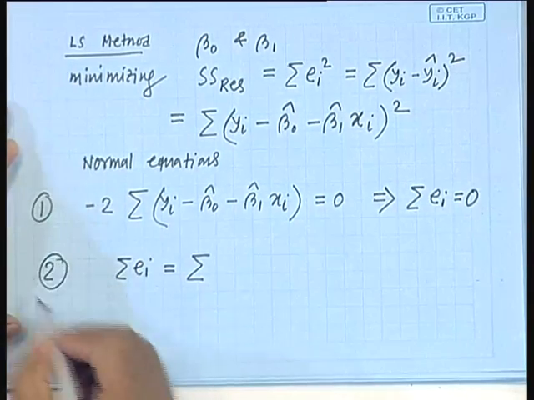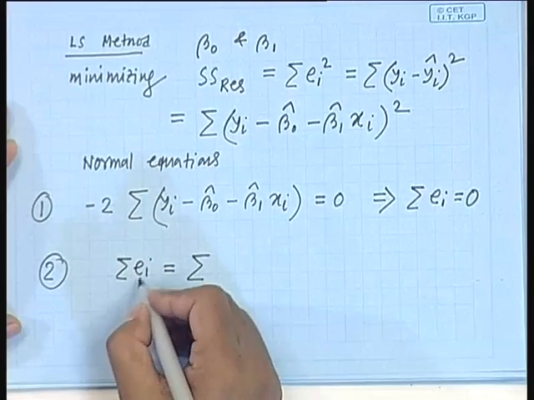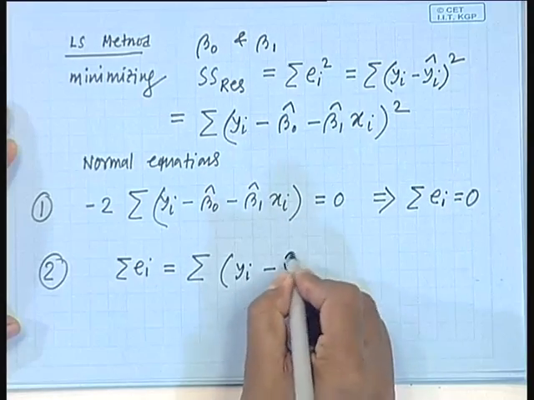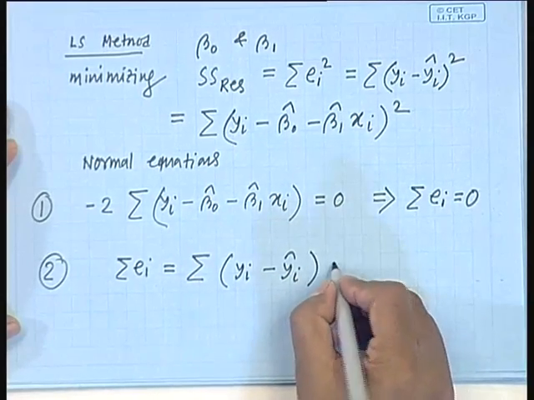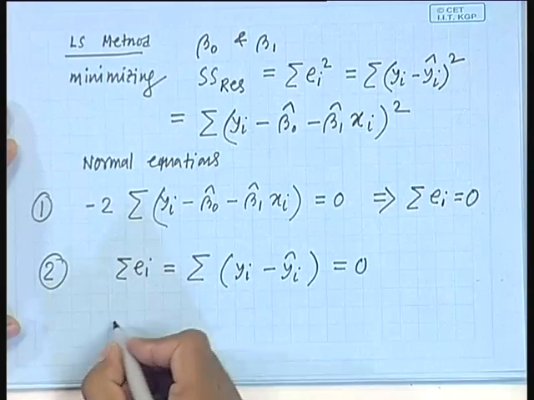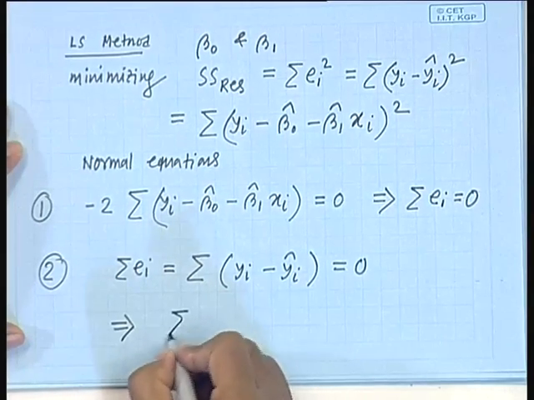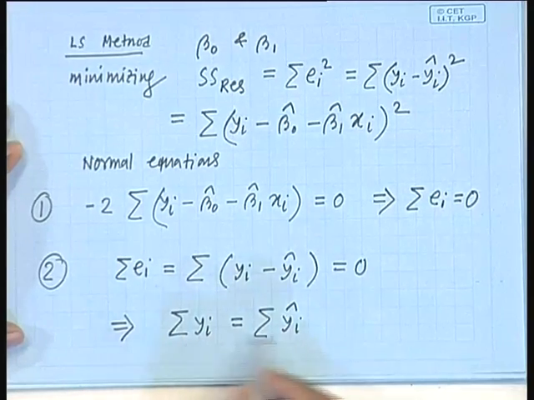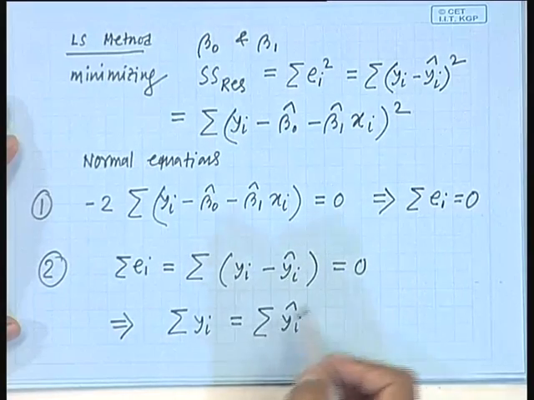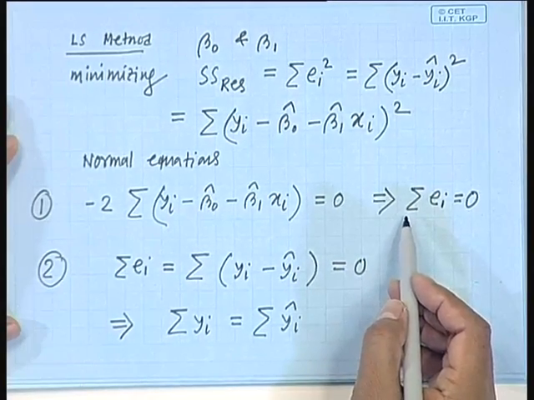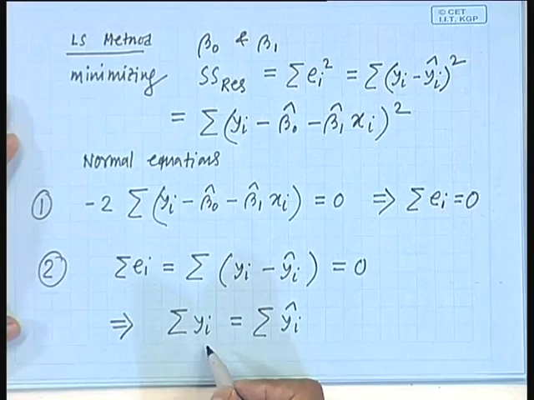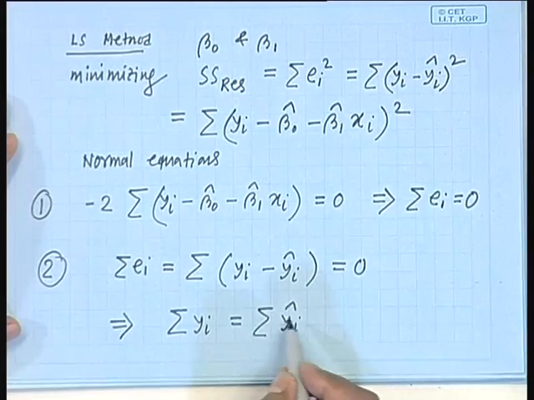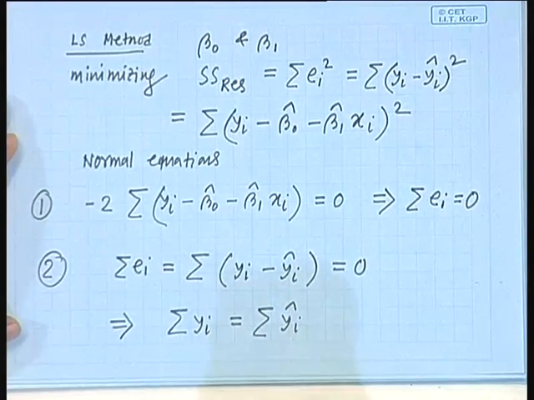The second property says that the ith residual is yi minus yi hat, and we know the sum of residuals is equal to 0 from the first property, which implies that summation yi is equal to summation yi hat. This one is a consequence of the first property. It says that the sum of observed values is equal to the sum of the fitted values.